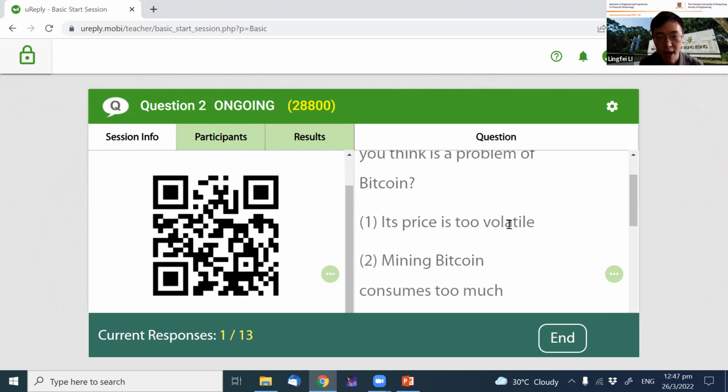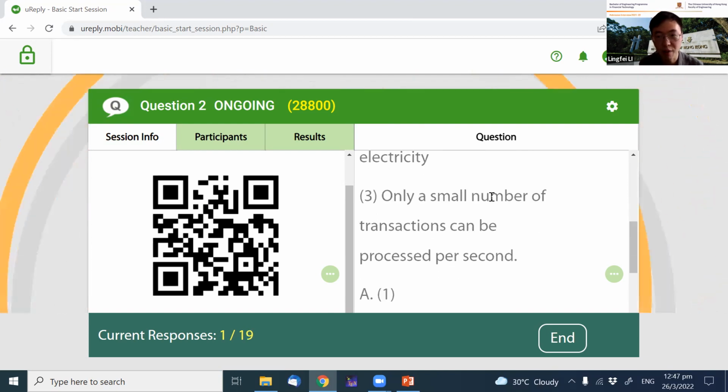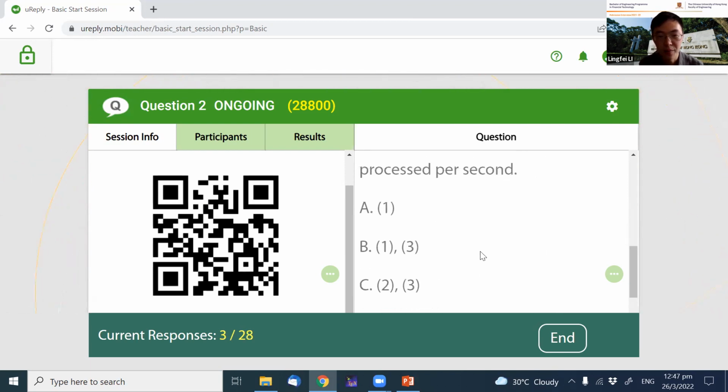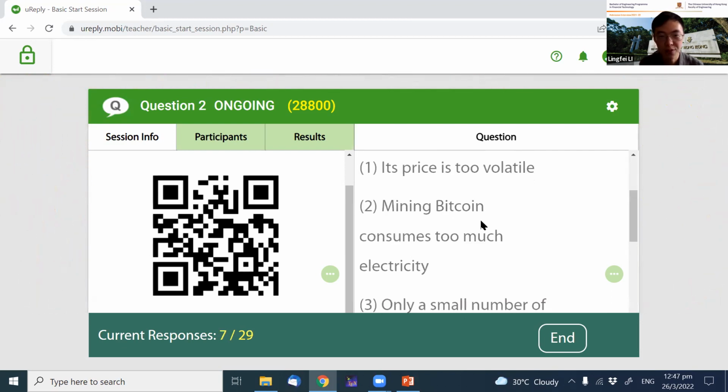Number one is its price is too volatile. Number two, mining Bitcoin consumes too much electricity, and hence it's not environmentally friendly. Number three is that only a small number of transactions can be processed per second. I'm asking you which of the following things are problems of Bitcoin.